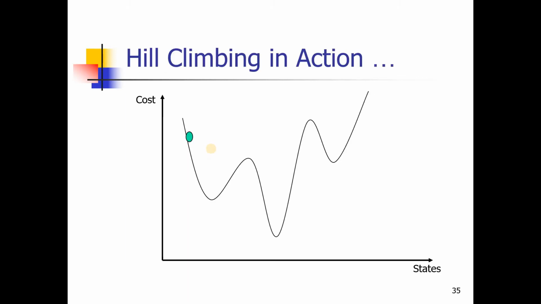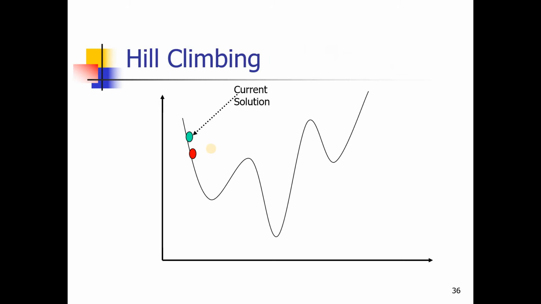So here it is hill climbing. What we do: the green one is the current solution and the red one is the proposed future solution. So you can say this is the current node and the red one is the next node. So we only select the next node. Remember, don't confuse this with maximum and minimum. Sometimes we want to maximize, sometimes we want to minimize.